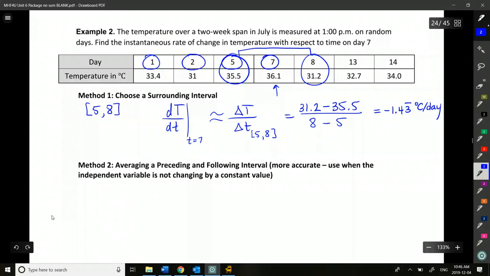So if I go 1, 2, 3, 4, 5, 6, 7, or if I'm doing 2, 4, 6, 8, 10, 12, 14, and so on, this is the method that I'm going to use. This is the best if your independent variable, which is usually time or some kind of x value, changes by a constant amount.